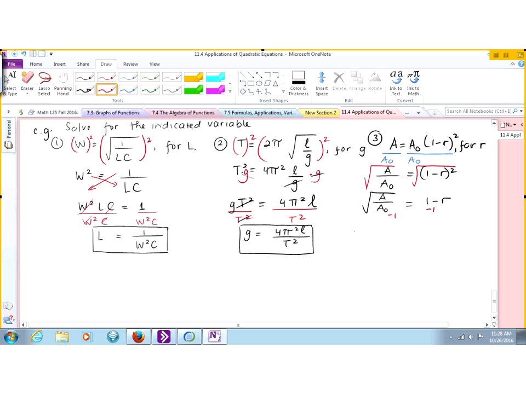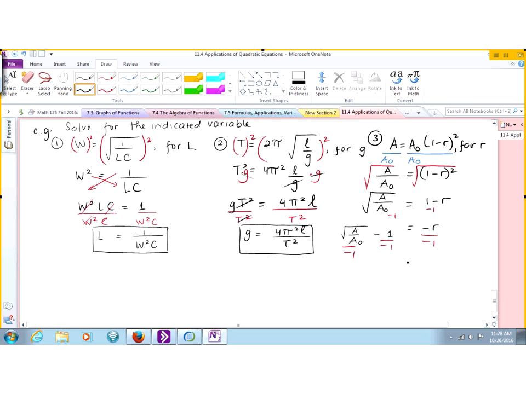Subtract by 1. So negative R is equal to square root of A over A naught minus 1. And then how do you solve for R? Divide by negative 1.